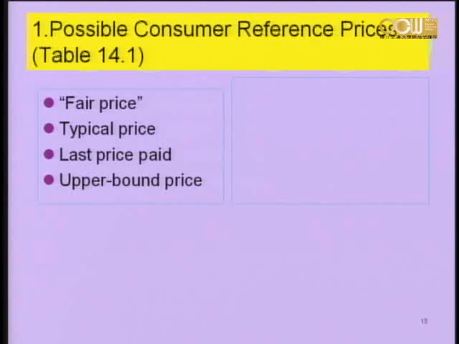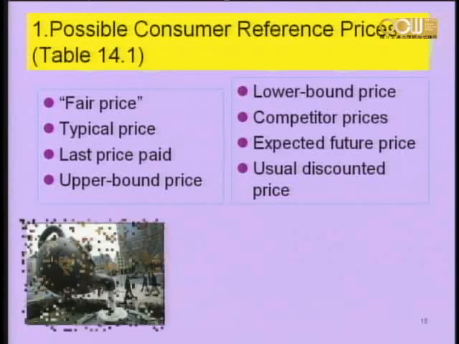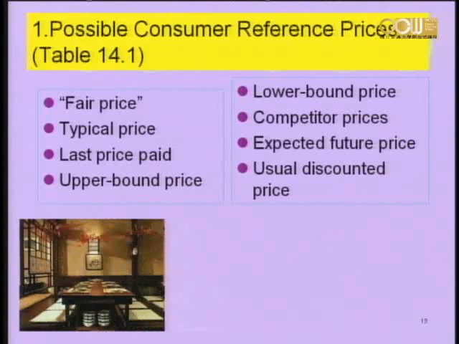You cannot observe this in your market, but let me tell you what we do in real life. Suppose we go to a restaurant in Beijing. How do you know how much they charge, and whether it's expensive or not? Especially when you go to a very unfamiliar place, like Japanese food, and you don't know whether it's too expensive or too cheap. The better way is to go back to the last price paid.